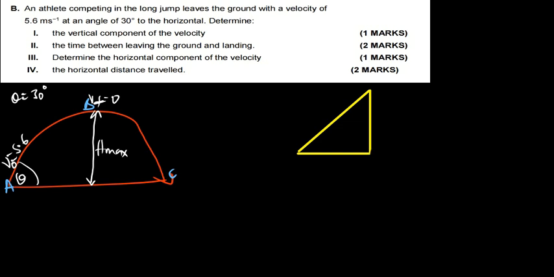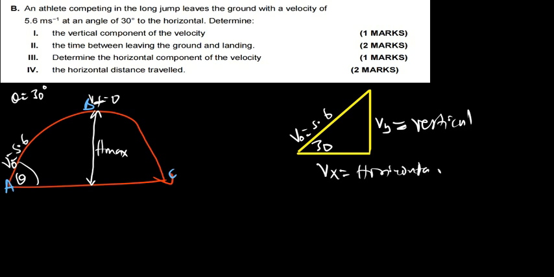So what is happening is that I have my 30 degrees here and my velocity is here, 5.6, meaning that this is the x component, my vx, and this is my y component. I told you guys, the y is the vertical, the x is the horizontal.